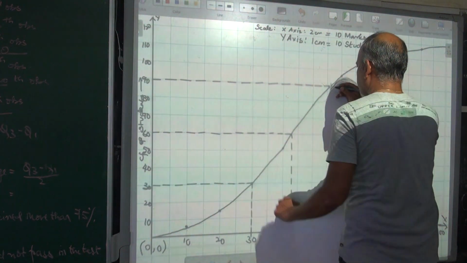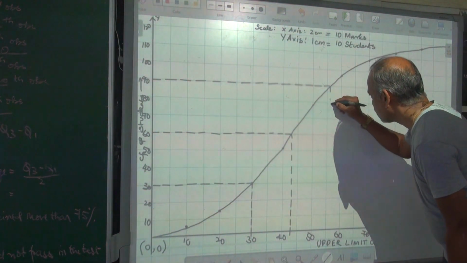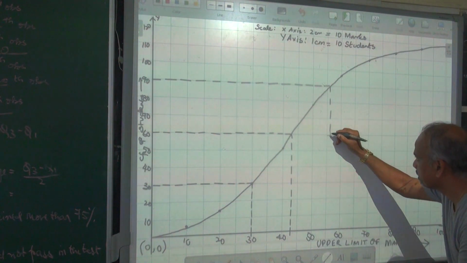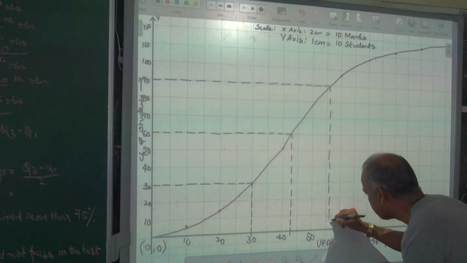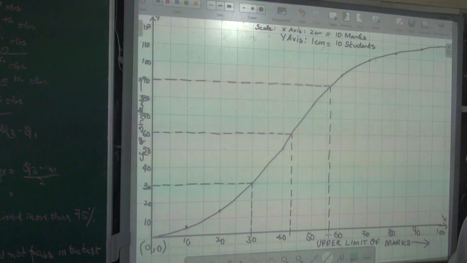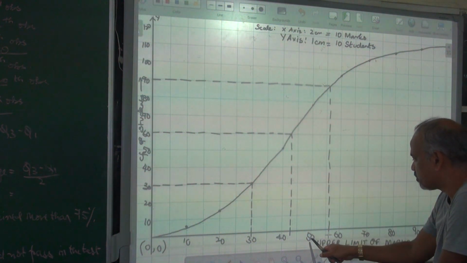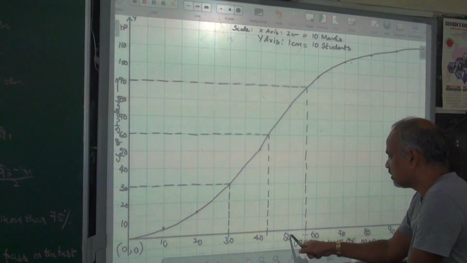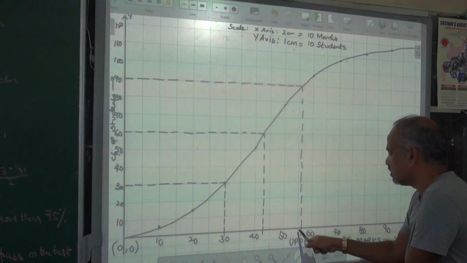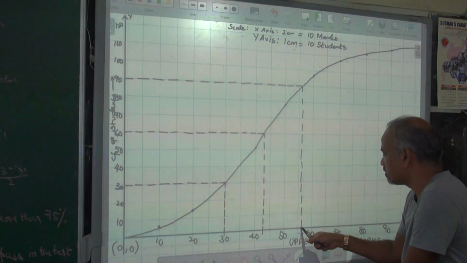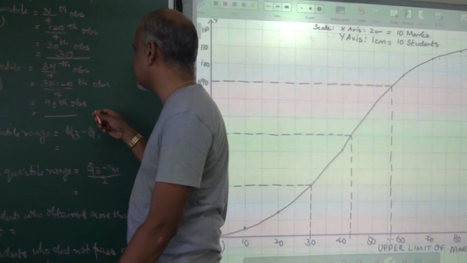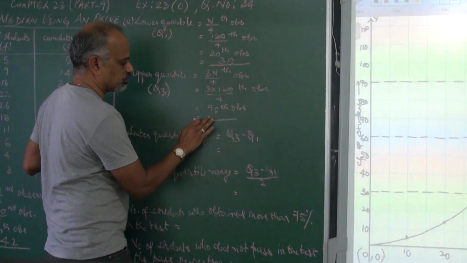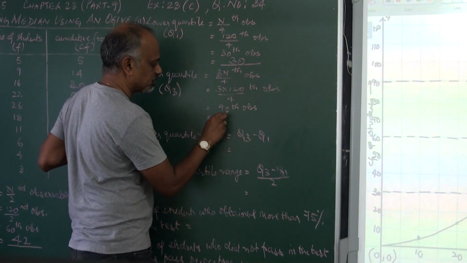So this line goes between 50 and 60. If the in-between value of 50 and 60 is 55, then this must be 56. So our value for upper quartile is 56.